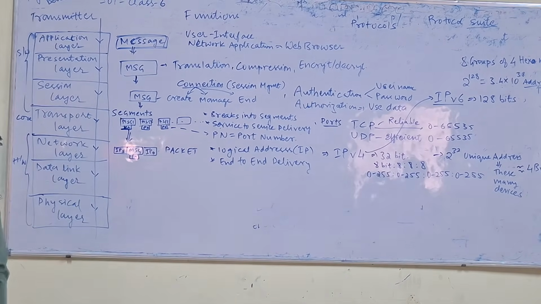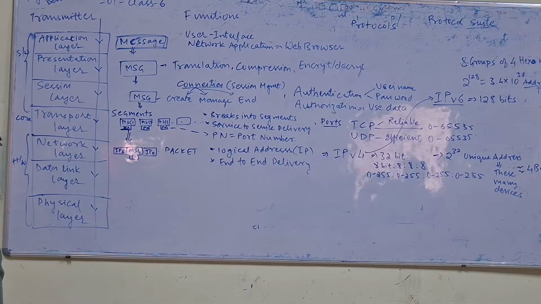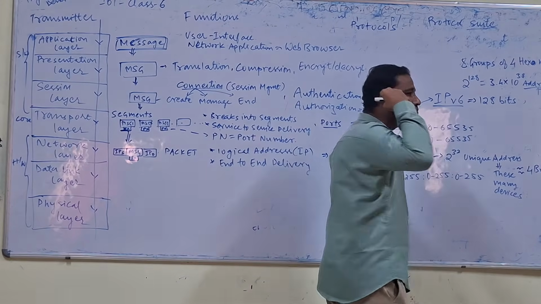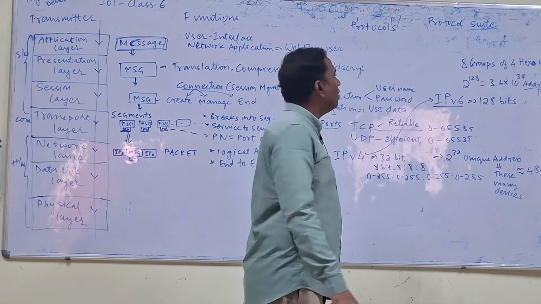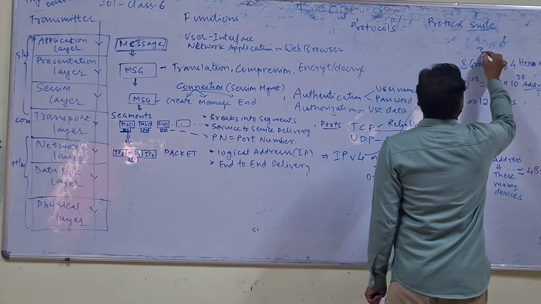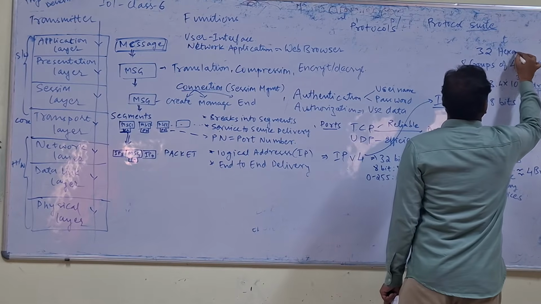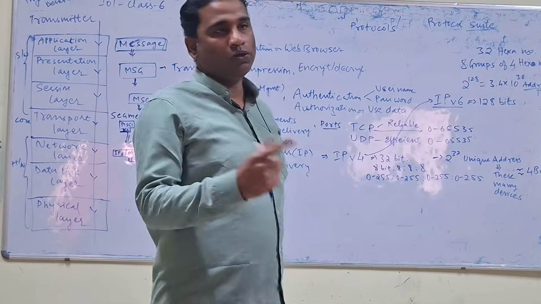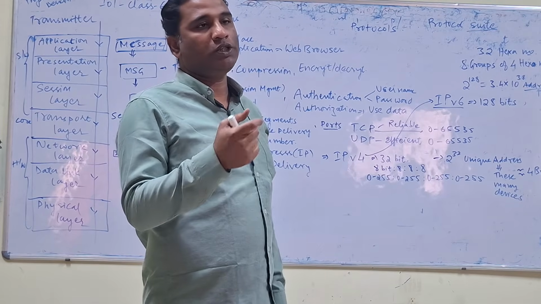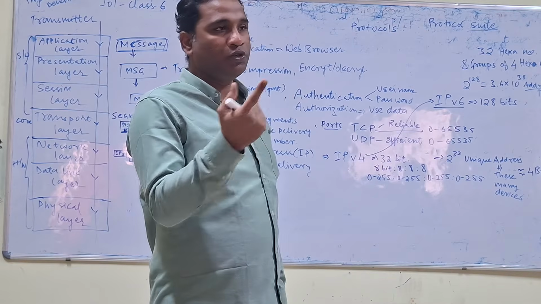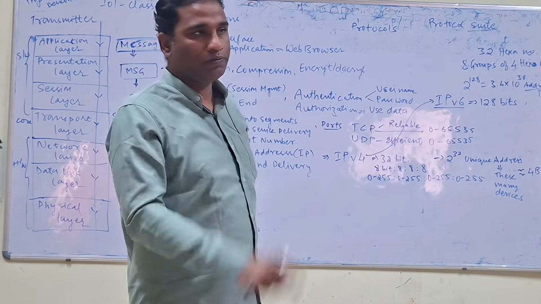Each hexa number is 4 binary bits. So 8 groups of 4 hexa gives a total of 32 hexa numbers. Each hexa number is represented by 4 bits. 32 into 4 is 128.